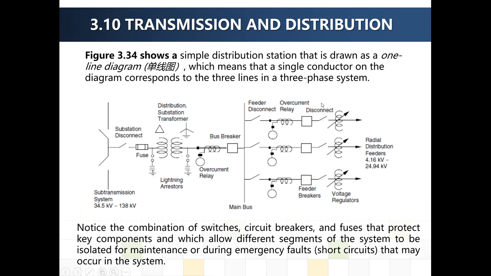And this is called the voltage regulator. And the feeder breaker is mainly used to help open the circuits. Notice the combination of switches, circuit breakers, and fuses that protect the key components and allow different segments of the system to be isolated, either for maintenance or during an emergency fault.